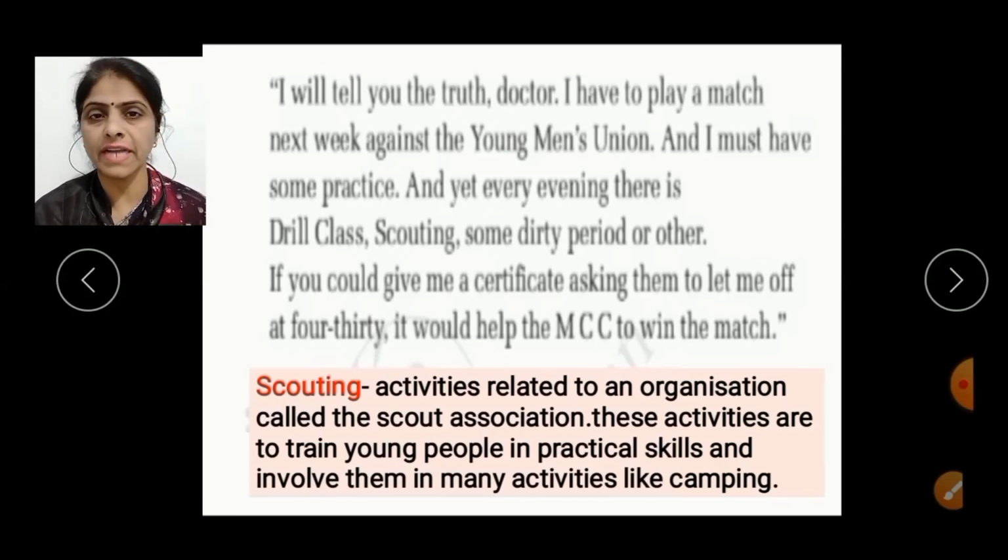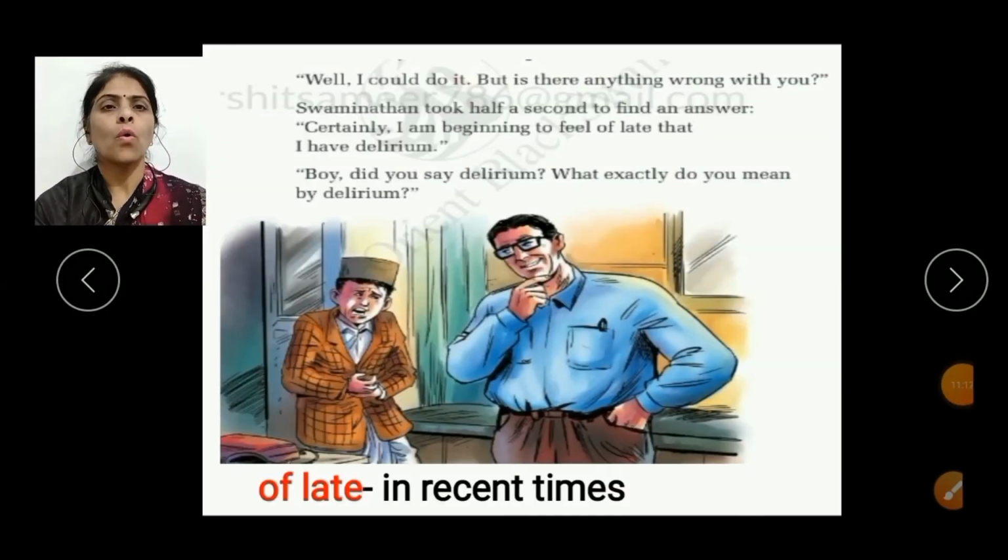Now let's have the next para to know whether the doctor gave him the certificate or helped Swami in another way. "Well, I could do it, but is there anything wrong with you?" Swaminathan took half a second to find an answer.